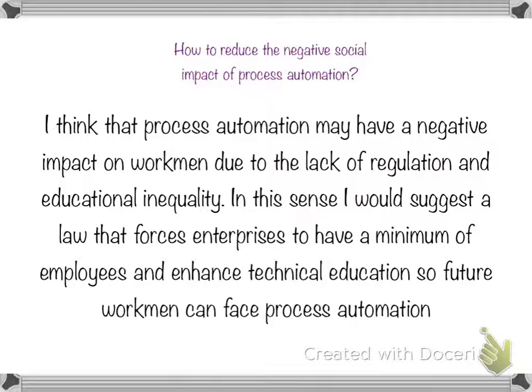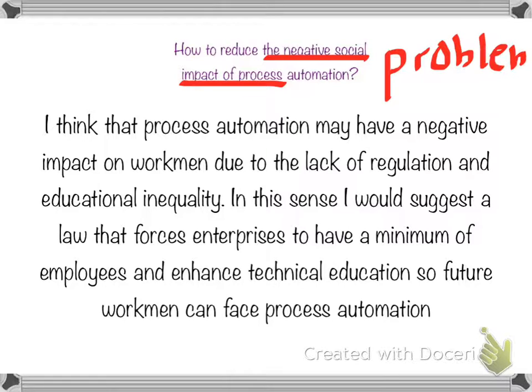As you can see, in our question, we identified a problem. Process automation has a negative social impact. However, it is a little bit general, so we should be more specific and state why the person's integrity and dignity might be violated.